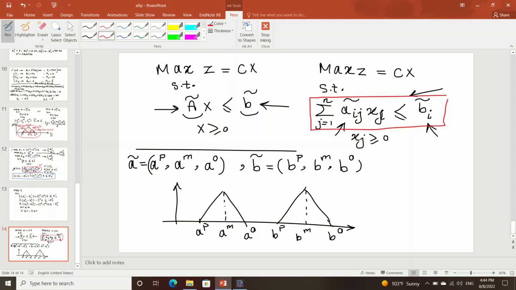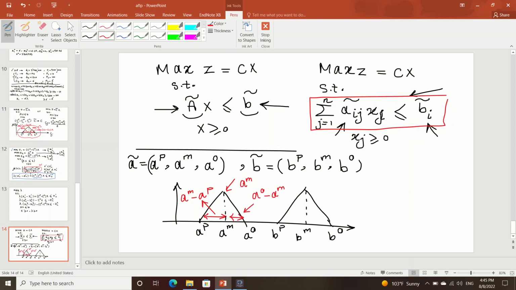How? With these parts. The first is the difference between AM and AP. Another is AM. And the other is the difference between AO and AM.